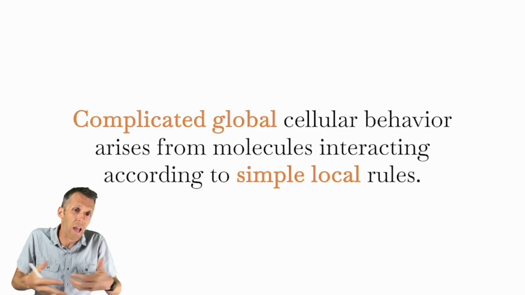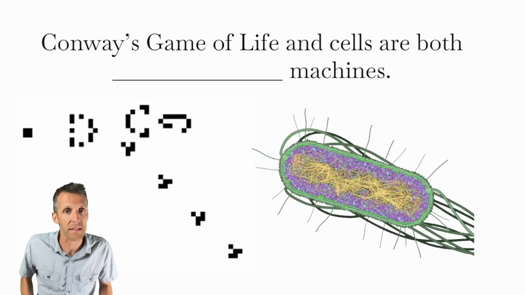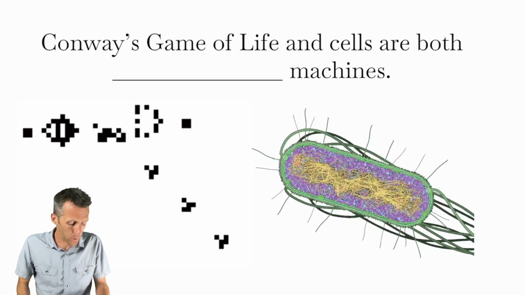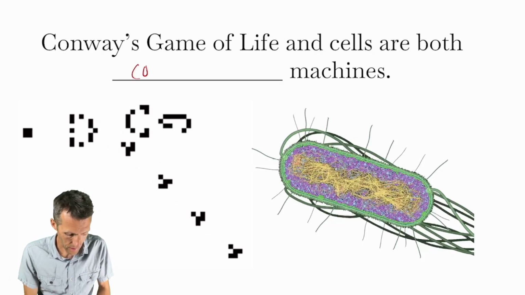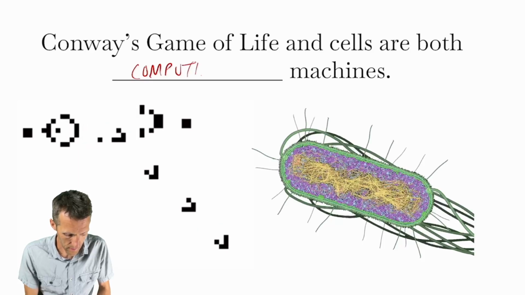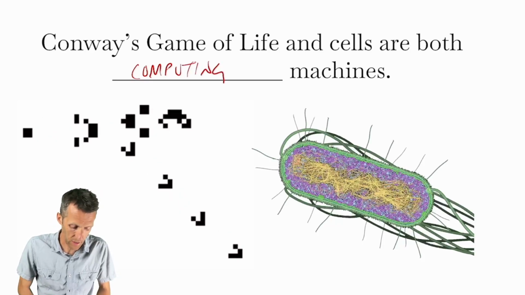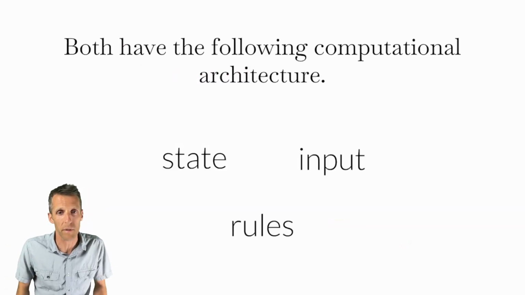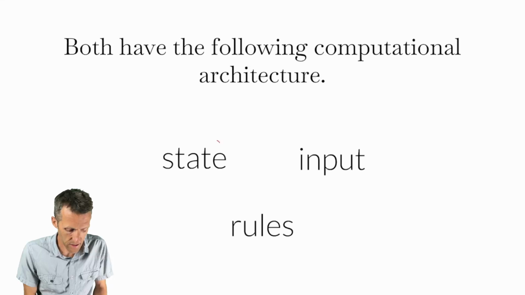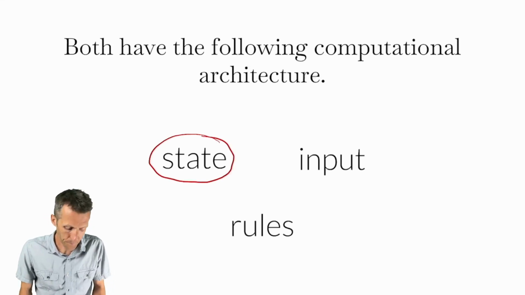So if that's true, how might we unpack this? A really nice way to think about it is that Conway's game of life and cells are both computing machines. And what do I mean by a computing machine? Well, they both have, at least minimally, the following computational architecture. They have some internal state, which I'll describe and define in a little bit.